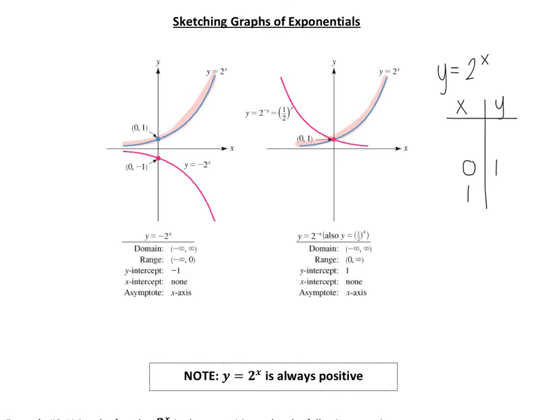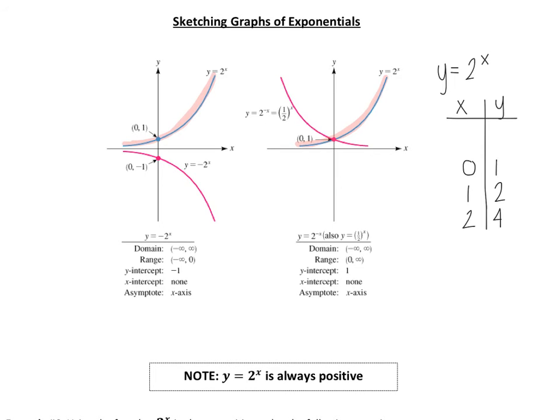If I plug in 1, 2 to the first is 2. Plug in 2, 2 squared is 4. Oh, I apologize, that should have been a 2. It's 2 to the first, and then 2 to the second, which is 4. So you notice it's going to keep going up as the curve.